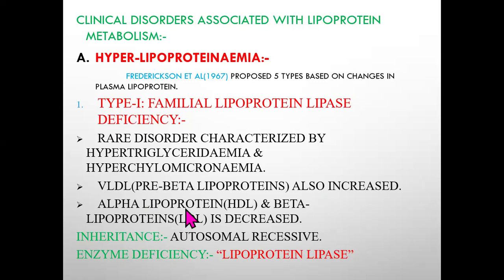We have alpha lipoprotein, HDL, high density lipoprotein, and beta lipoprotein, low density lipoprotein. They decrease. And what type of inheritance occurs here? We have autosomal recessive, as you know, I explained that earlier. And the enzyme that is deficient here is lipoprotein lipase. So for hyperlipoproteinemia, it is autosomal recessive, and you have lipoprotein lipase deficient.